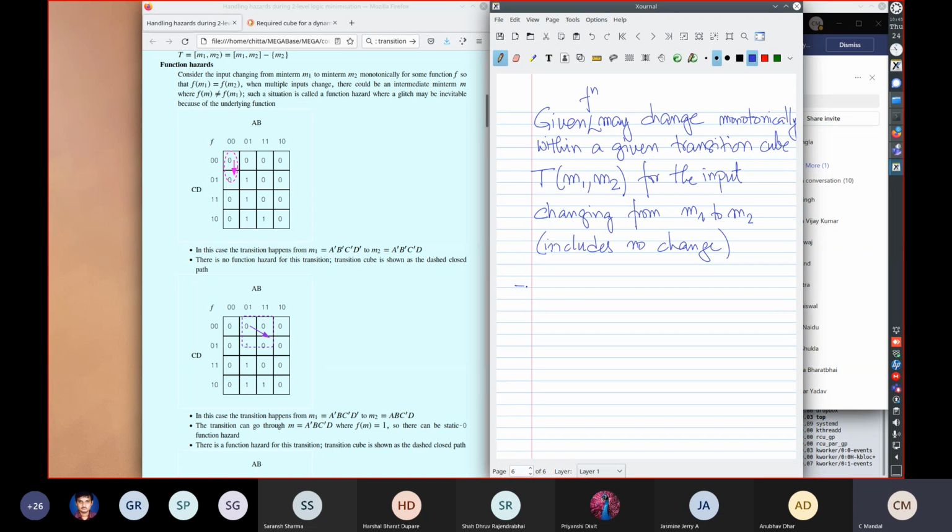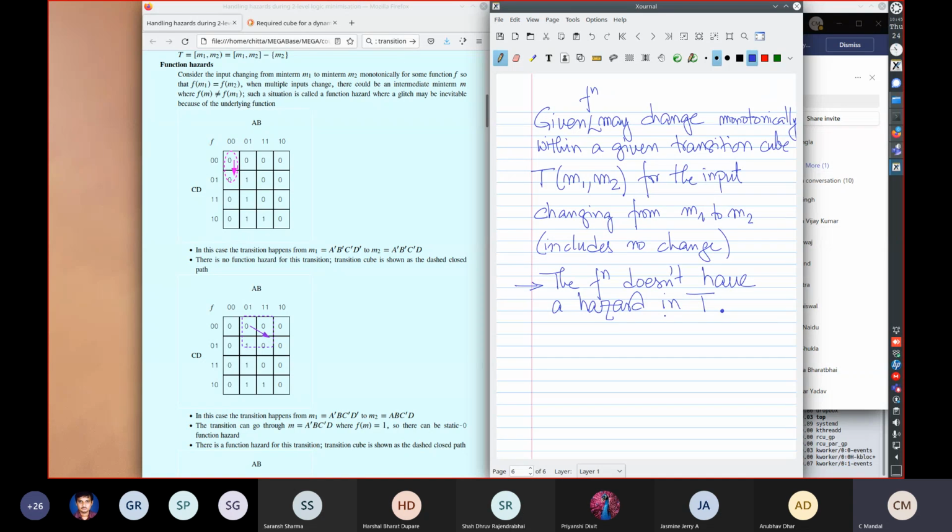So in that case, you say that the function doesn't have a hazard in T.